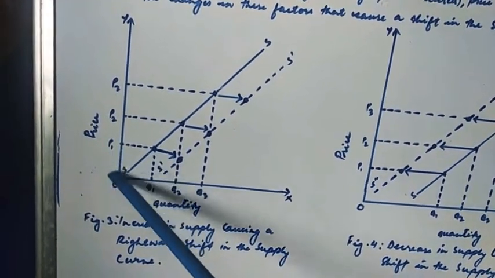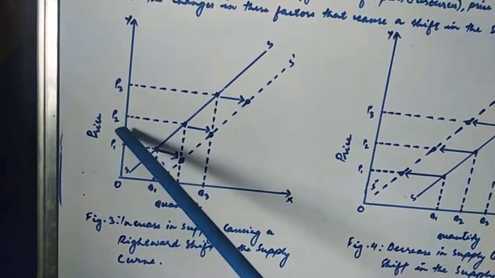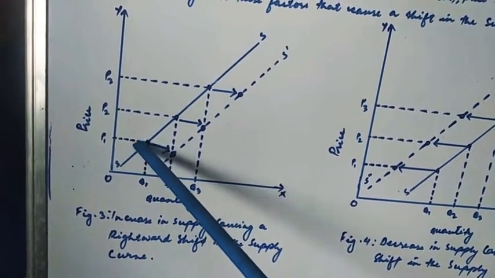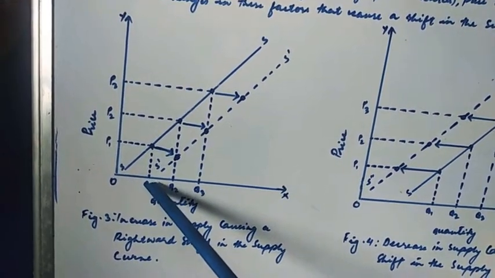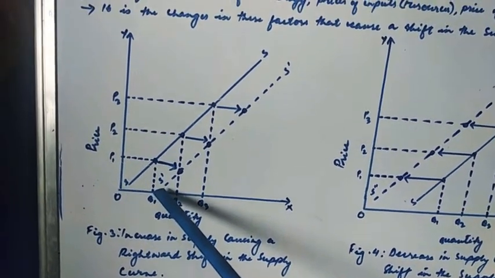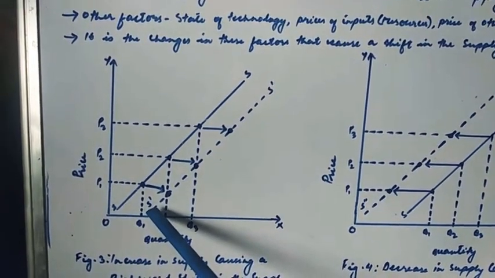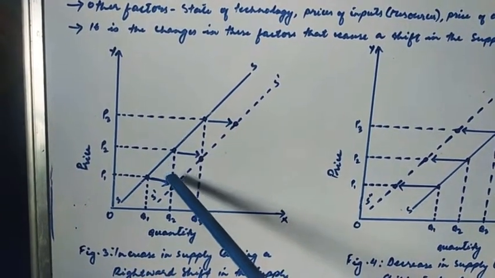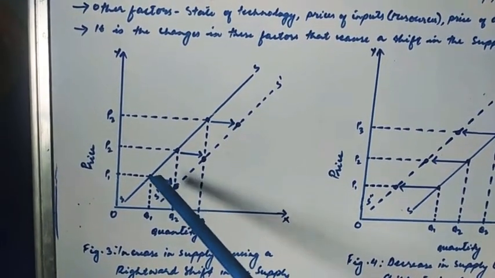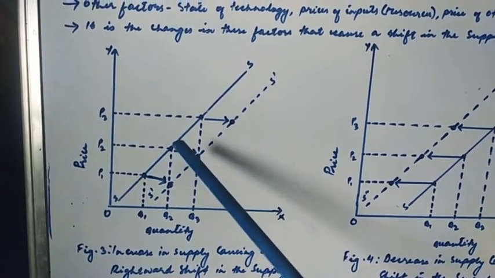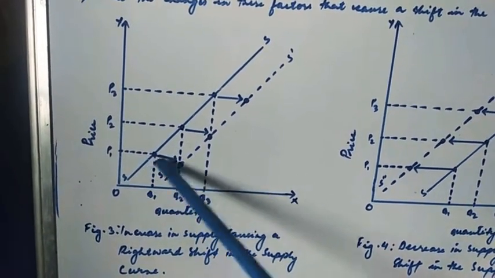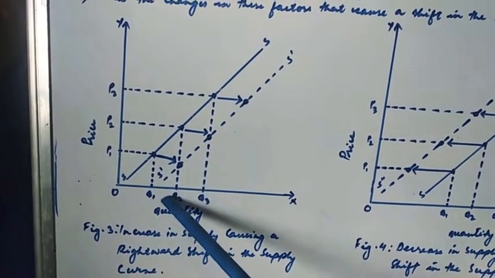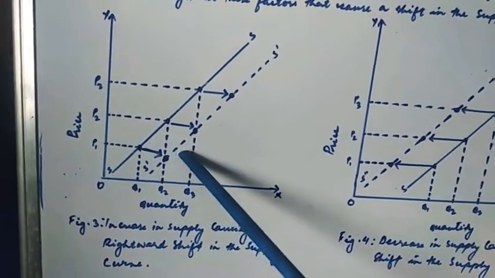So the price is the same, but because of the reduction in the price of resources and inputs, advancement in technology, and fall in the price of other related commodities, it is able to supply more quantity at the same price.